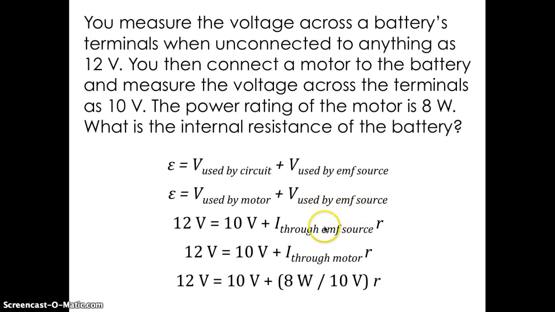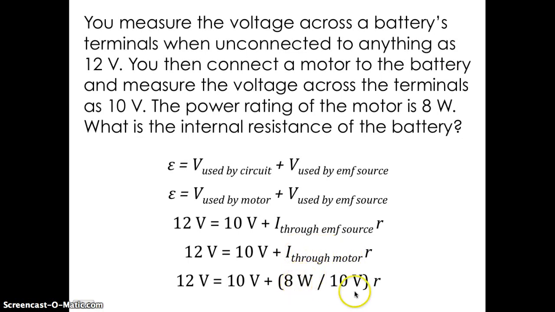And on the right side, we could break the voltage used by the EMF source into I times r using Ohm's law, right? And we know that the current through the EMF source is equal to the current through the motor, since all of the current passes straight from one terminal through the motor and then back to the other terminal. And of course, what is the current?